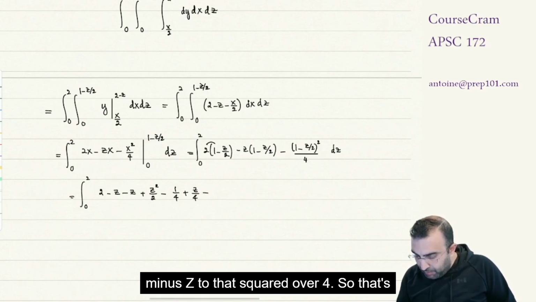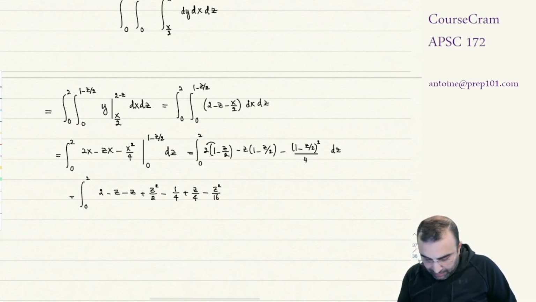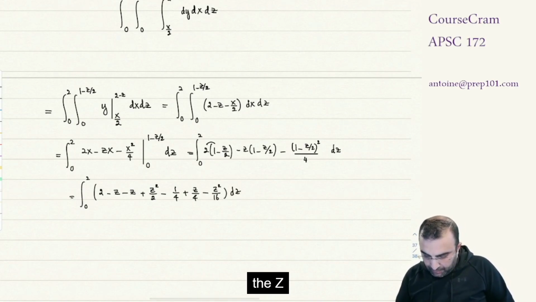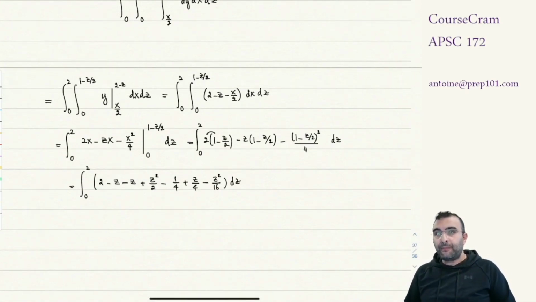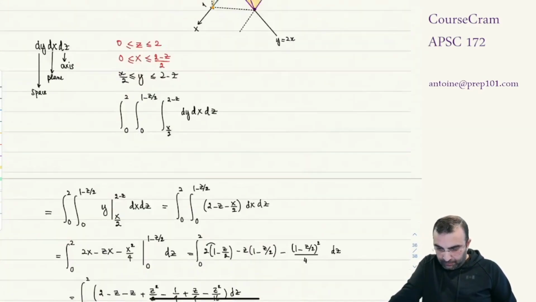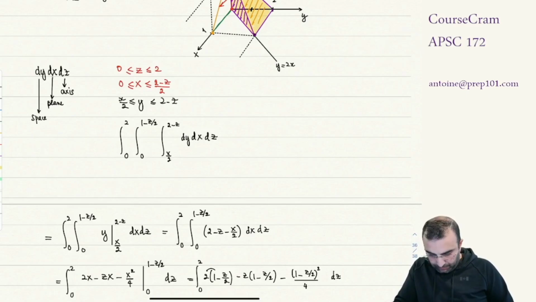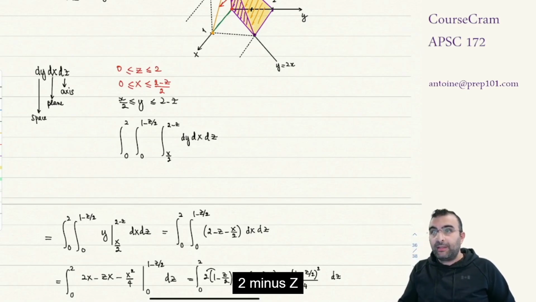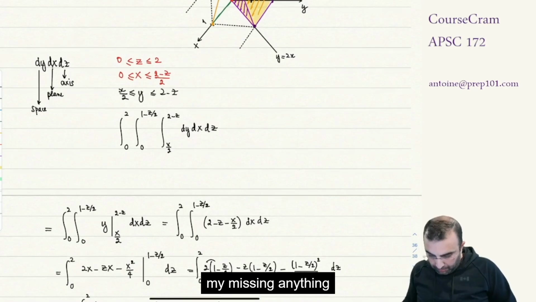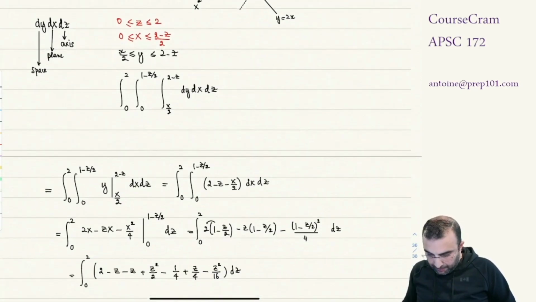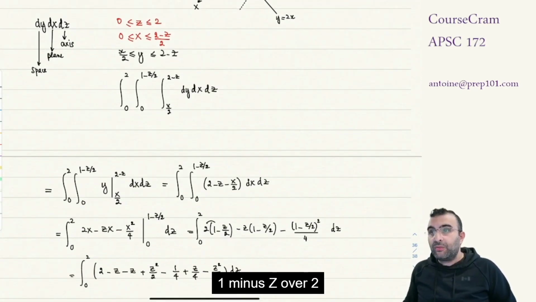And that would be minus z squared over 16 dz. Right? Am I missing anything? 1 minus z over 2. No.